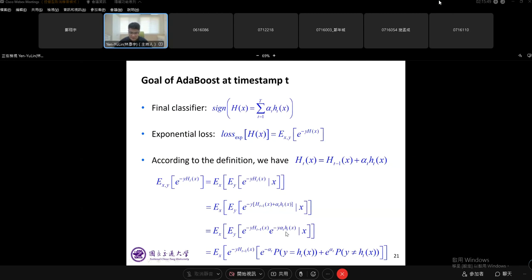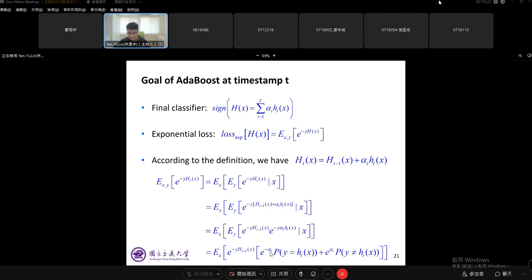Now let's talk about how to derive from this equation to this one. Actually, this is the expectation operator. So we can divide alpha t, h_t of x into two situations. The first is that x is correctly classified, where y is equal to h_t of x. We denote its probability because this is an expectation operator.